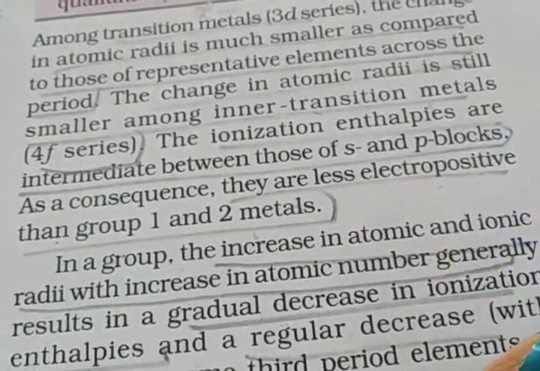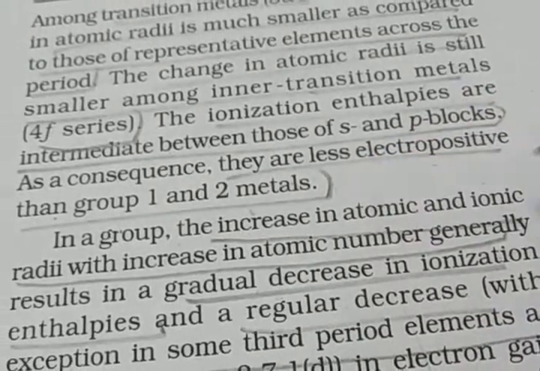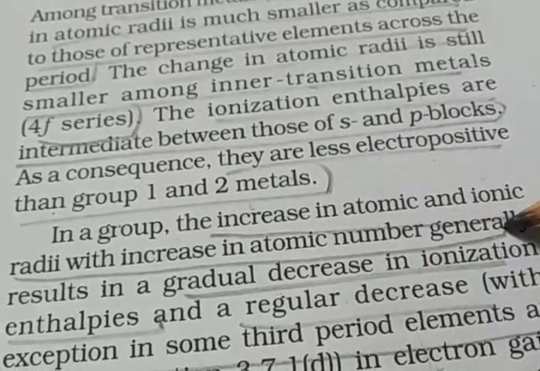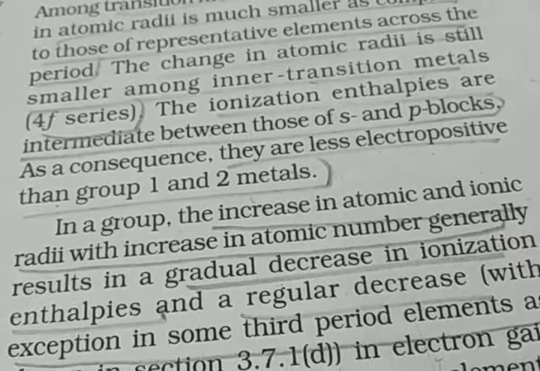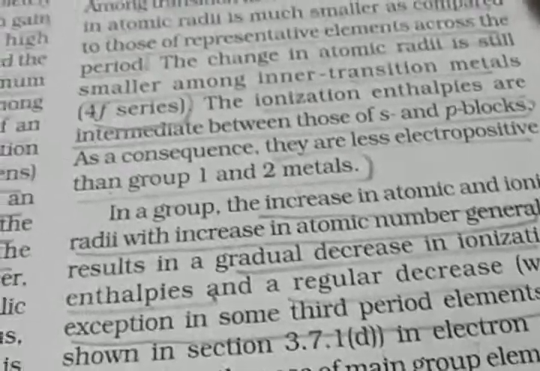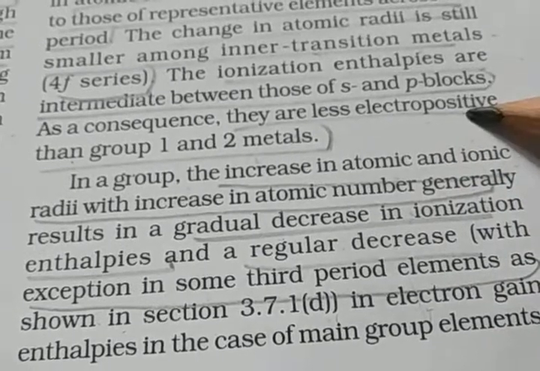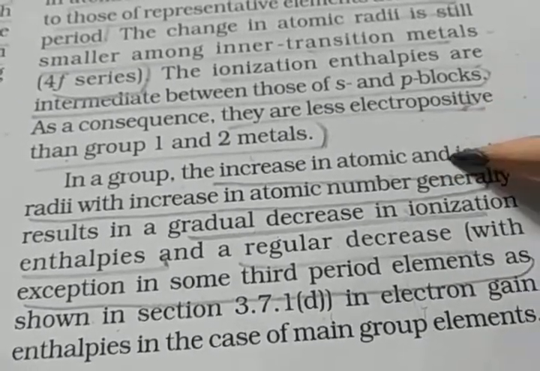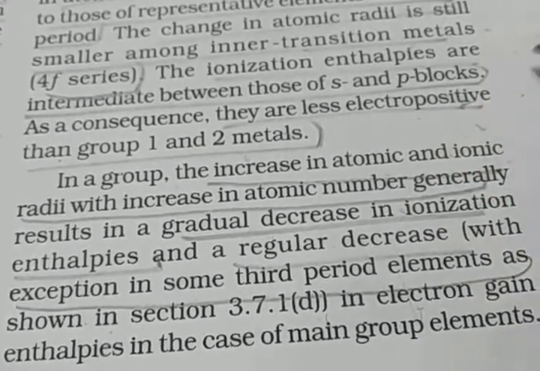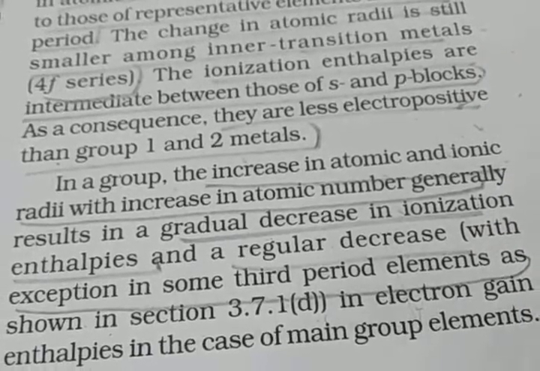Same concept here: an increase in atomic and ionic radii with an increase in atomic number generally results in a gradual decrease in ionization enthalpy, because the basic concept is that atomic and ionic radius are inversely related to ionization enthalpy. As atomic and ionic radius increase, ionization enthalpy decreases.